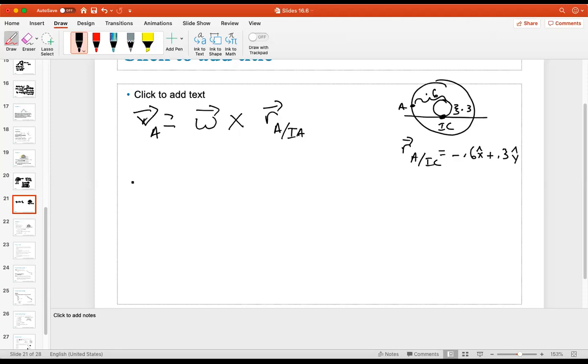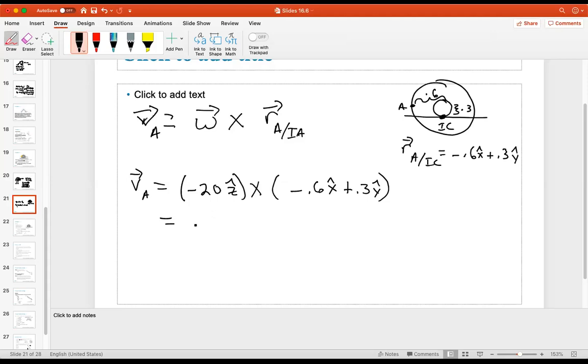And now I can just work out the cross product. So I say the velocity of A is going to be minus 20 z hat cross minus 0.6 x hat plus 0.3 y hat.